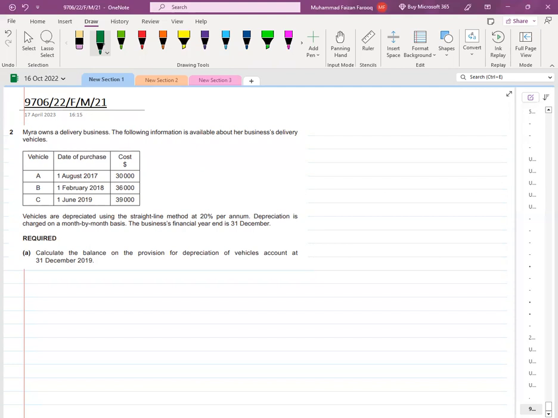So first of all, the requirement is till year ended 31st December 2019. We have to deal with all the vehicles. Vehicle A. What is the date of purchase?